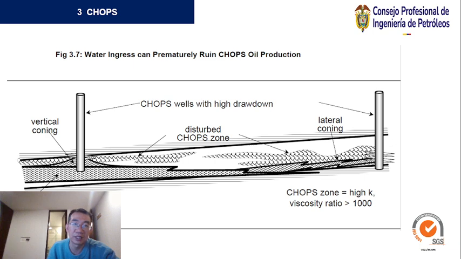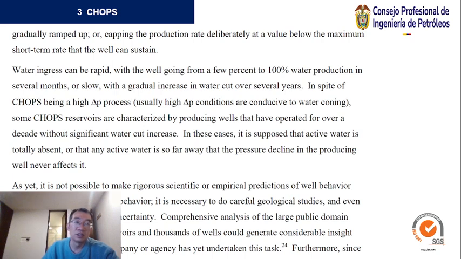This picture shows water ingress can prematurely ruin CHOPS oil production.